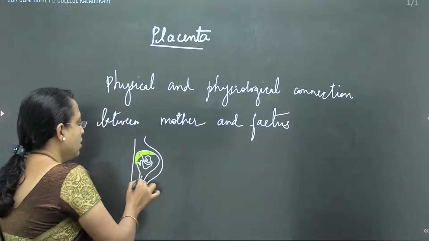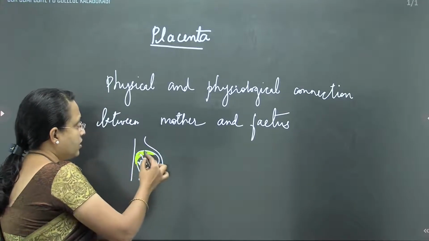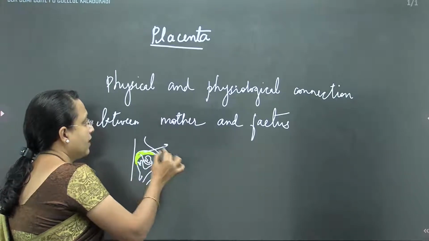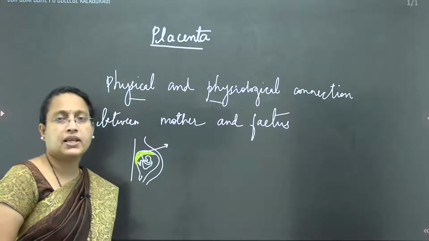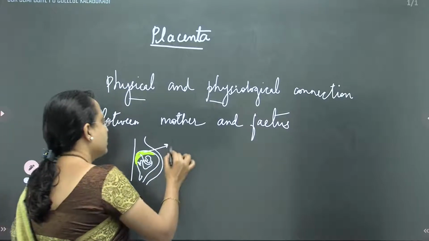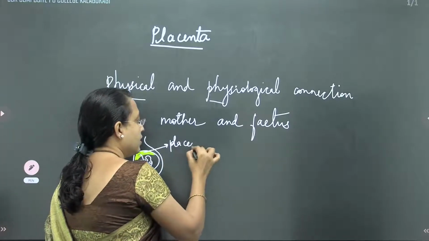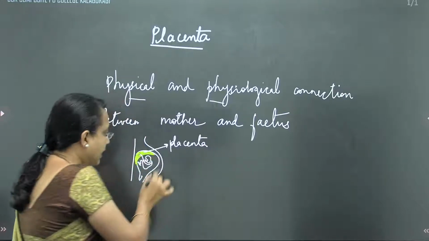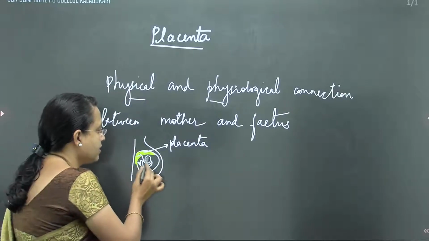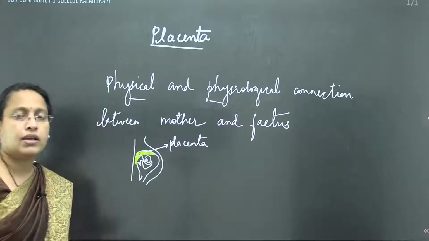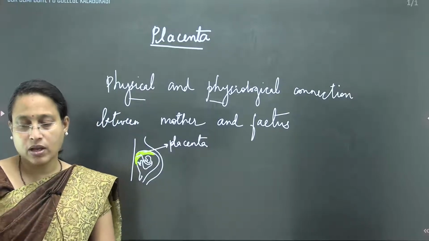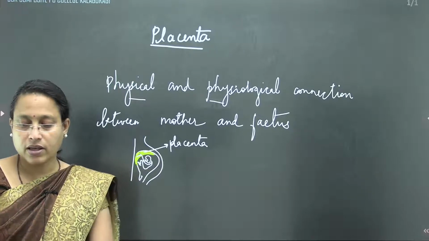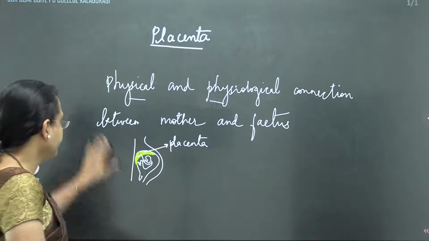Got it? So this structure itself will act as physical and physiological connection between mother and fetus. It is not confined entirely here, but only to the disc shaped area here. And this is what is called the placenta. This is how one can know where the placenta is.